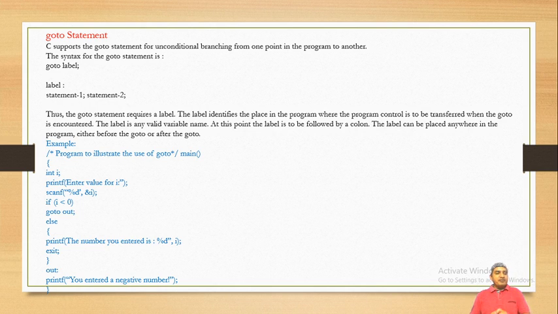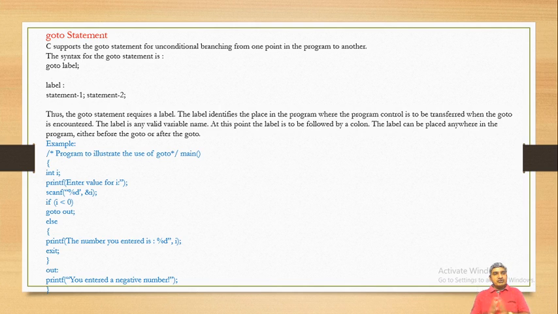The label is out, so execution of the program goes to the location where the out label is used. So at out, printf you entered a negative number. But if the condition i less than 0 is false, then printf the number you have entered is %d, comma i. This message is displayed on the screen.